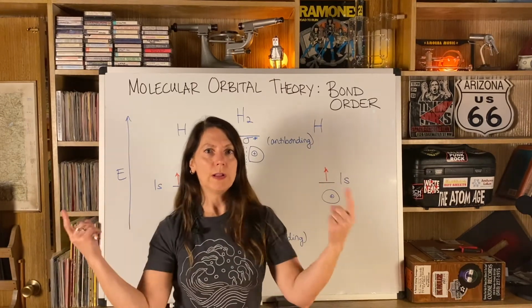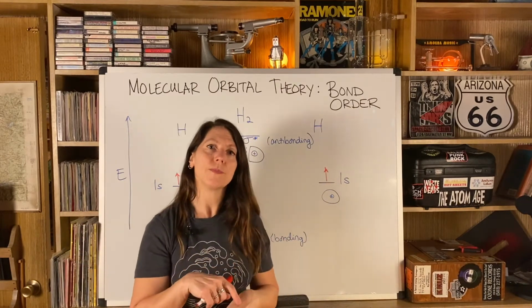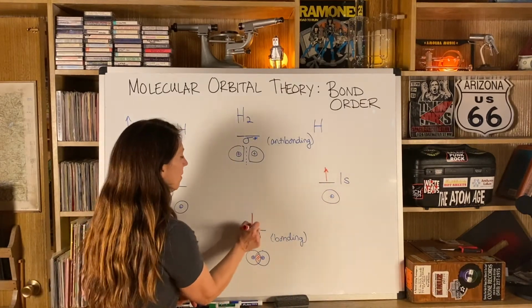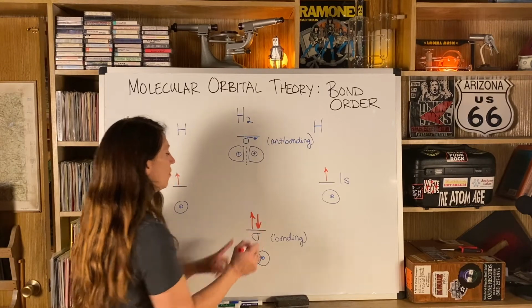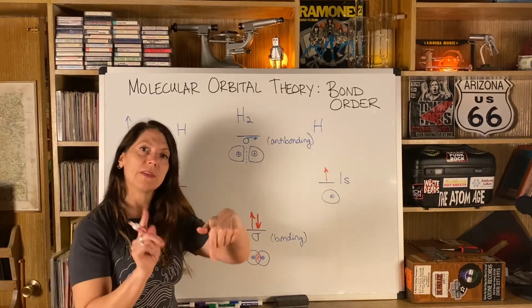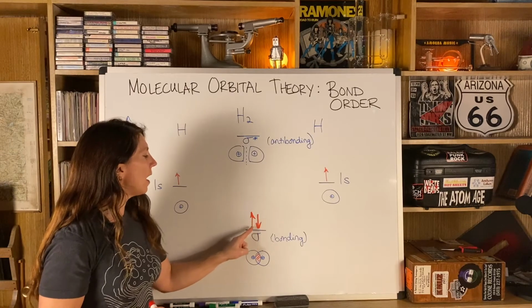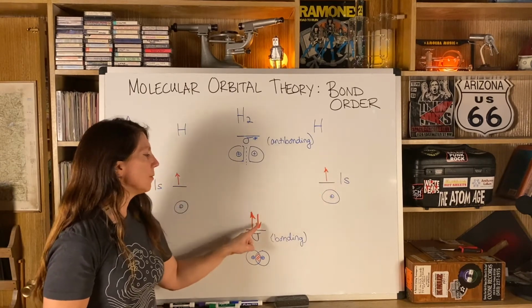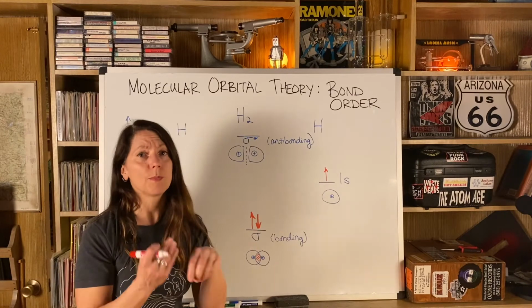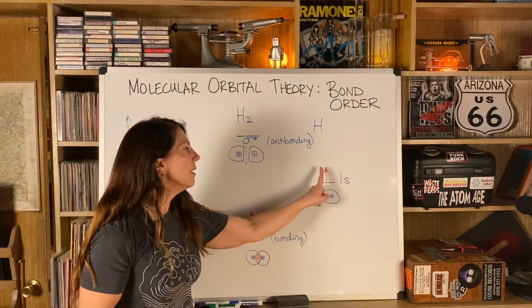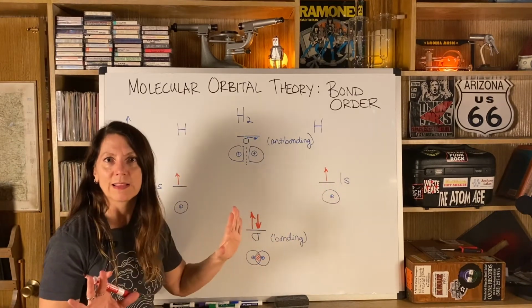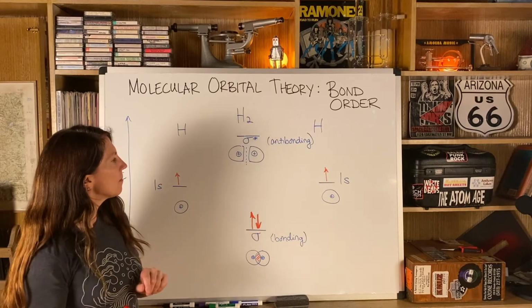So we've got 1 and 1. We're going to put in 2. Now, we've got to have them have opposite spins, so spin up and spin down. All right, that's okay. We're just taking those electrons and putting them together. So don't worry about flipping the spin here or anything like that. We're just going to put in those electrons.